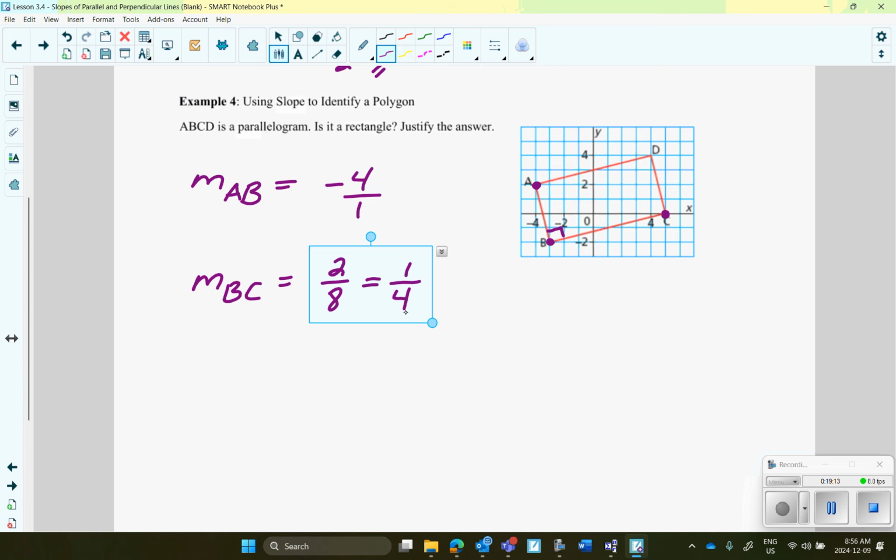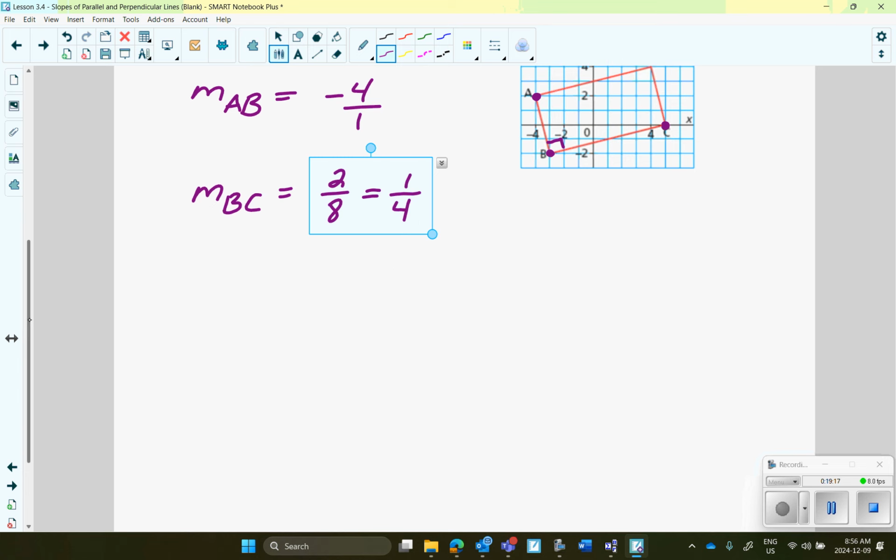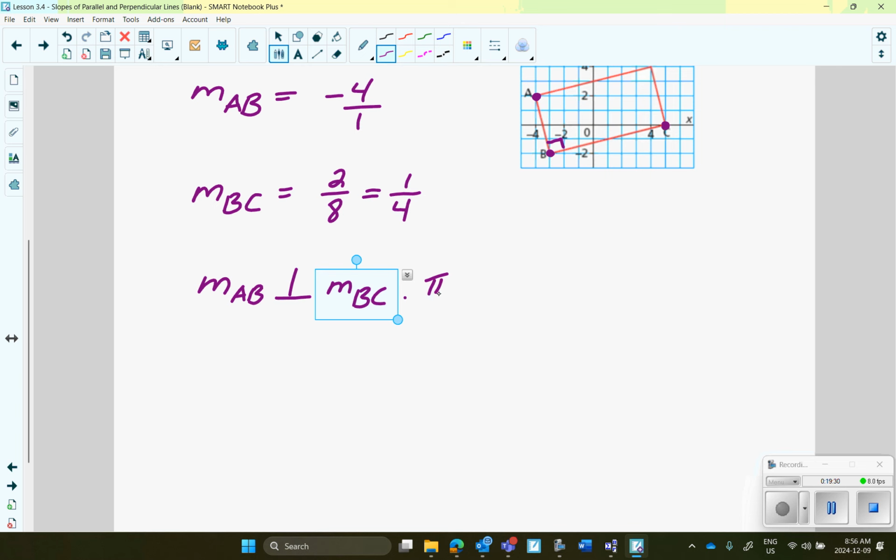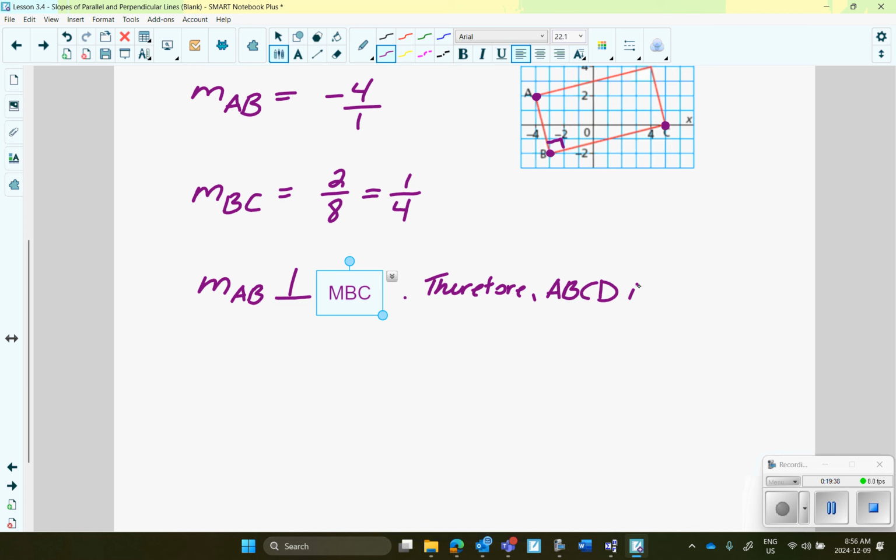Yes, because they're negative reciprocals. So I've proven that the slope of AB is perpendicular to the slope of BC. Therefore, ABCD is a rectangle.